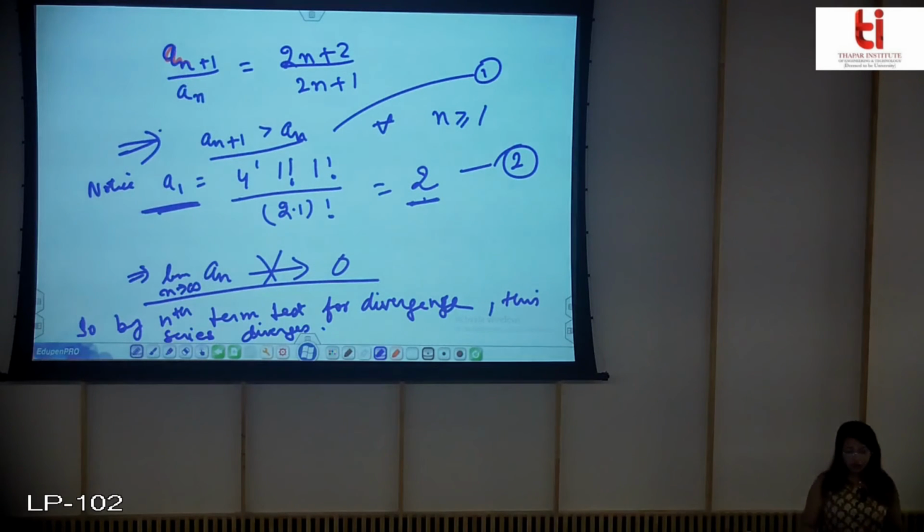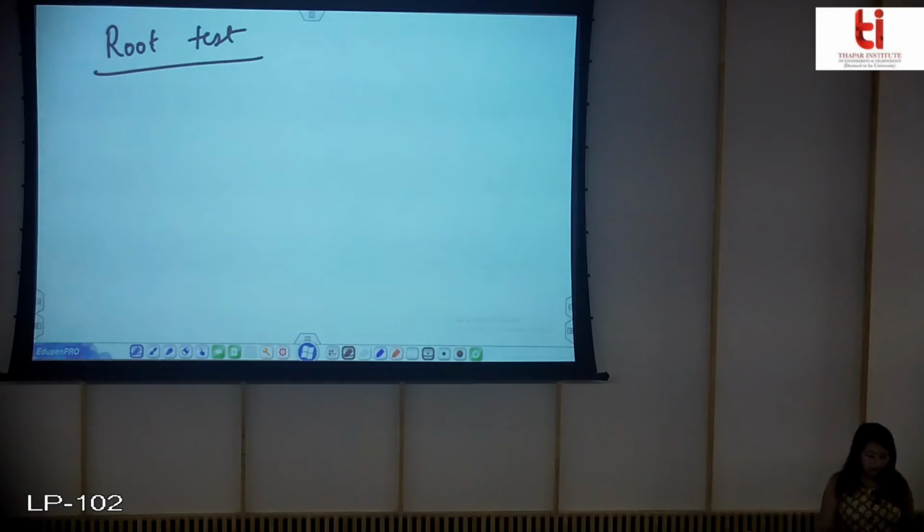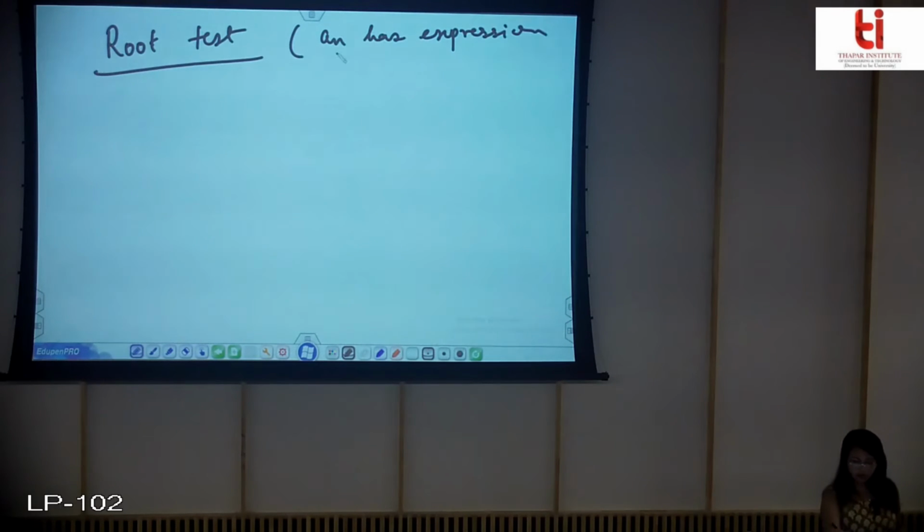So now we will look at another test for checking the convergence and divergence of series with positive terms only, and this test is called the root test. Mainly it is used when a_n has an expression raised to the nth power.